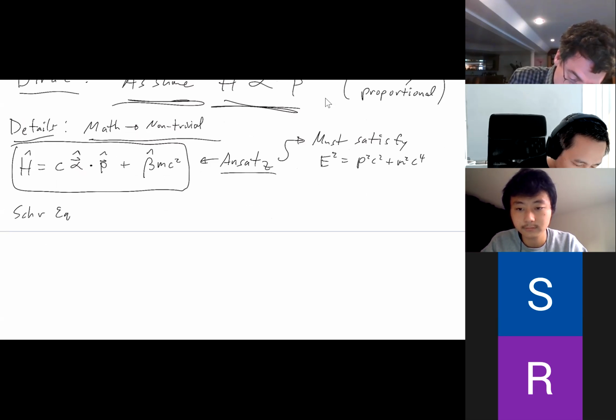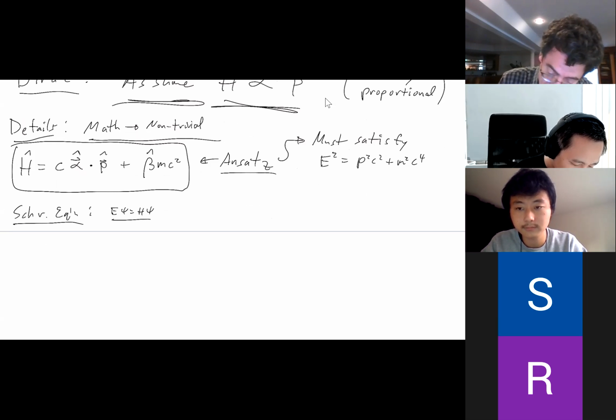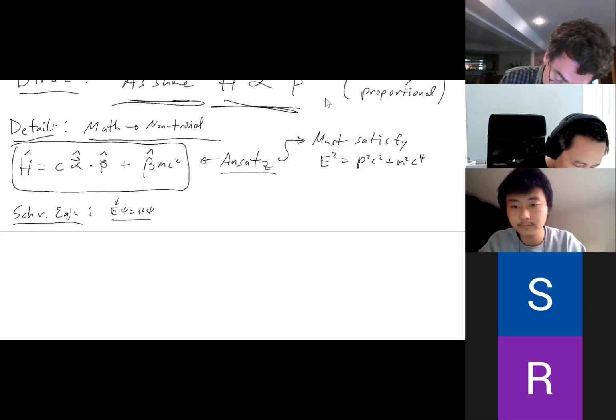The new Schrodinger equation, which of course we now call the Dirac equation, must look like this because we have E psi equals H psi, where E we replace with i h bar d/dt.